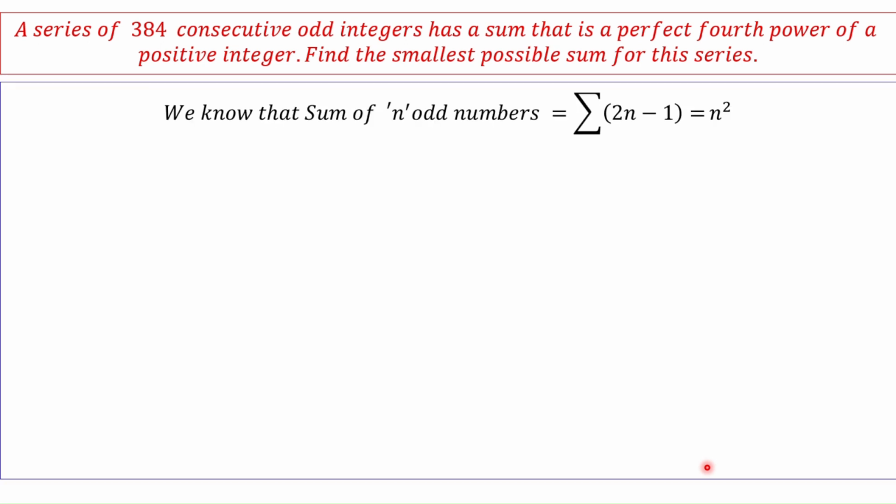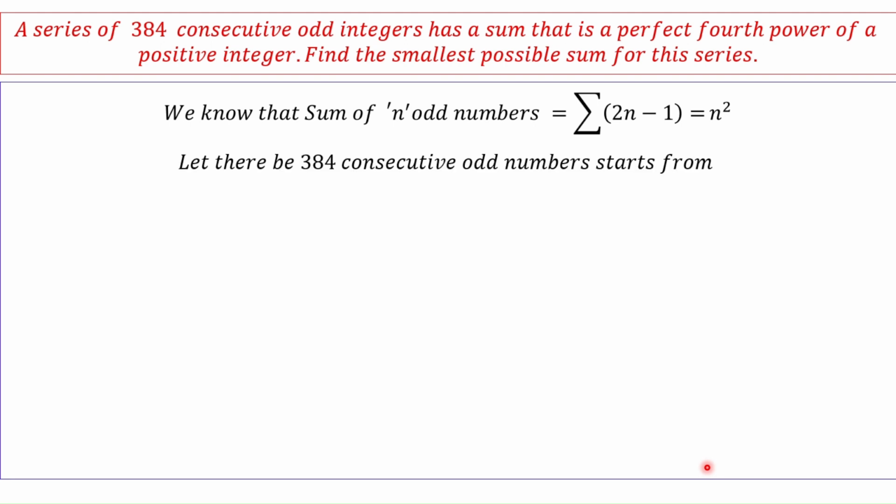First thing is, we know that the sum of n odd integers, sigma (2n minus 1), equals n squared. So let there be 384 consecutive odd numbers starting from k plus 1 whose sum is a perfect fourth power.